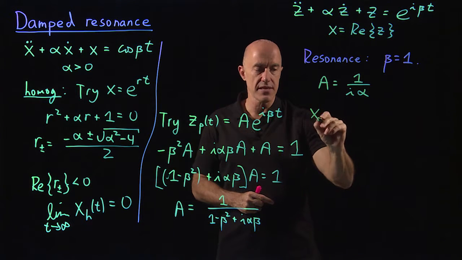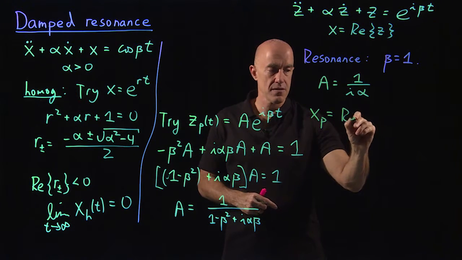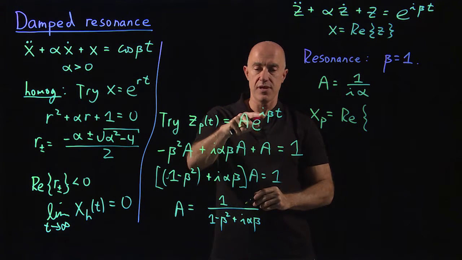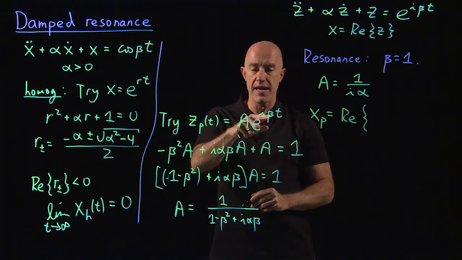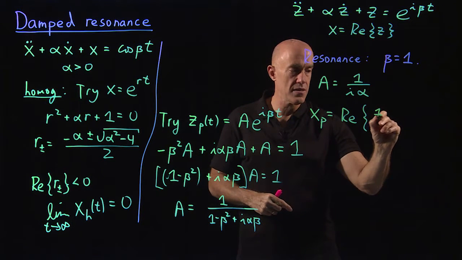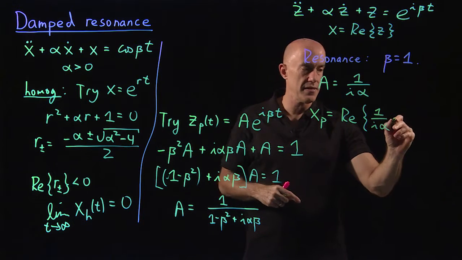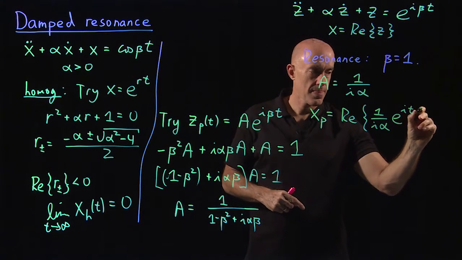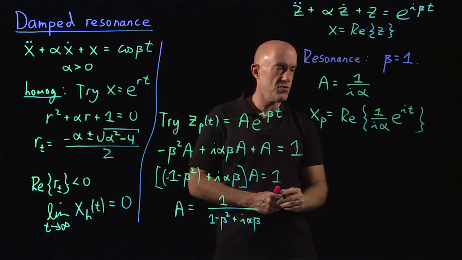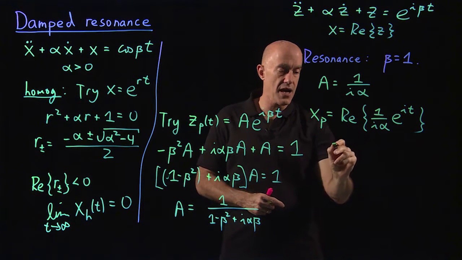So we get the particular solution for x is going to be the real part of a times e to the i beta t, where beta is equal to 1. So it's the real part of 1 over i alpha times e to the i t. Okay? And that will be our resonance solution. e to the i t is cosine t plus i sine t.